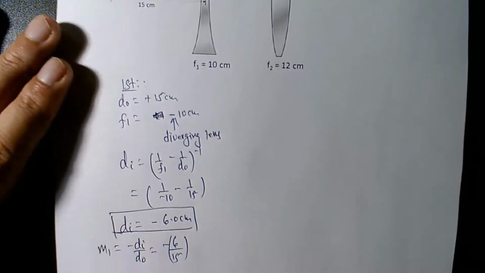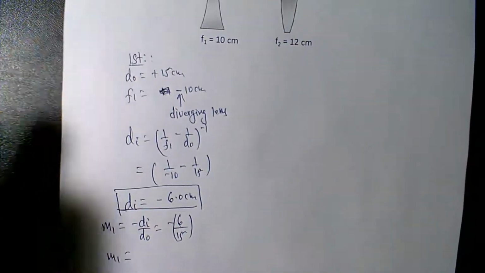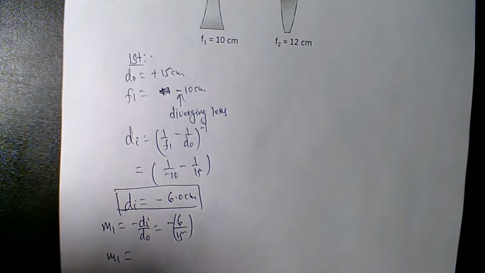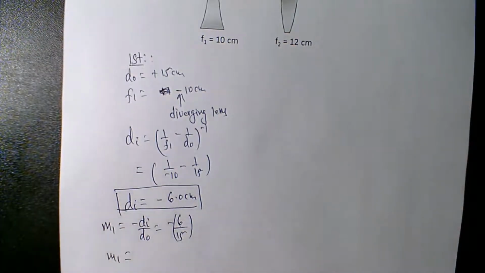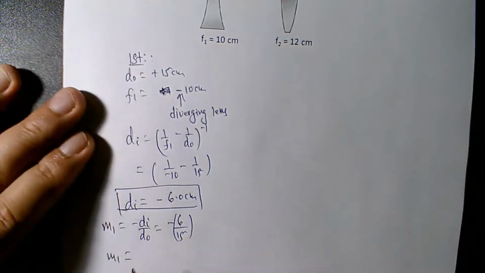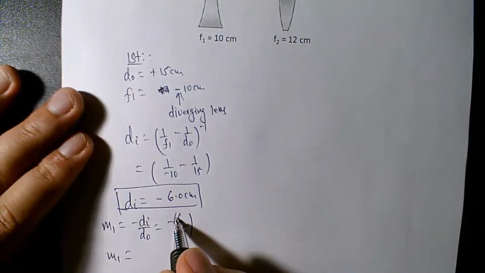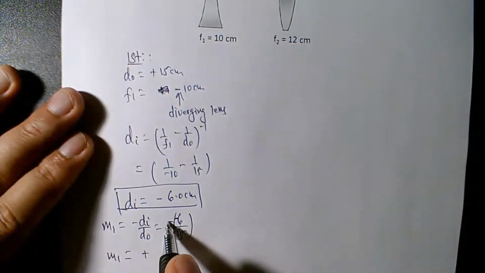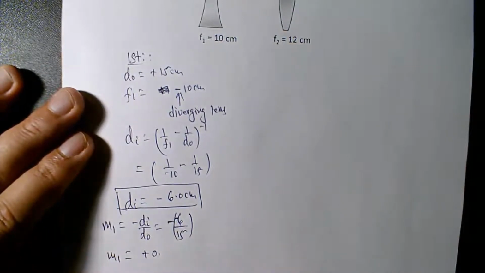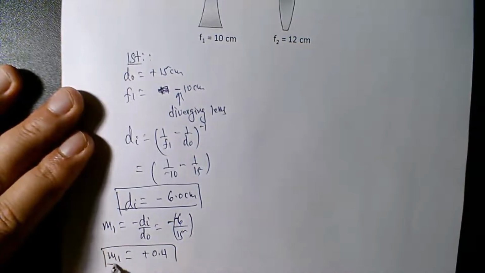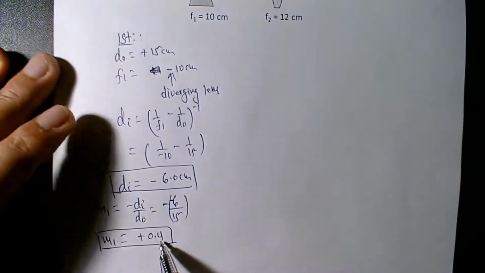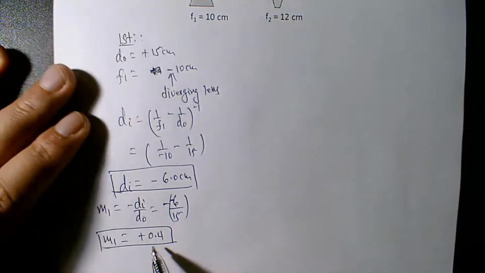You can find out the magnification if you want. So 6 over 15 is 0.4. So negative and negative becomes positive 0.4. So a virtual diminished image will be formed on the same side.